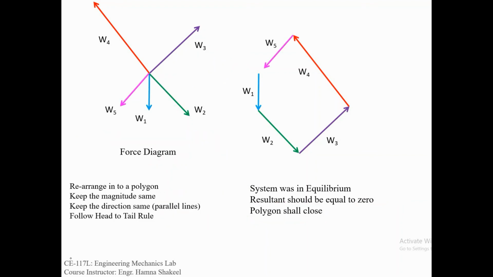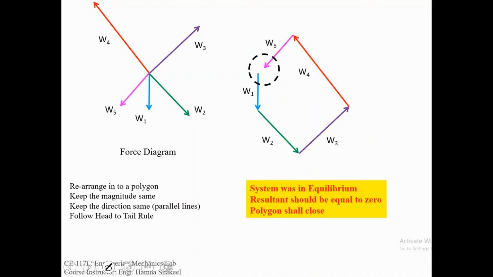Once you are done converting your system of forces into a polygon, you'll see that your polygon isn't closing. As per your description, the system was in equilibrium, the resultant must have been equal to 0 and the polygon should have closed. But here you'll see that your polygon is not closing.